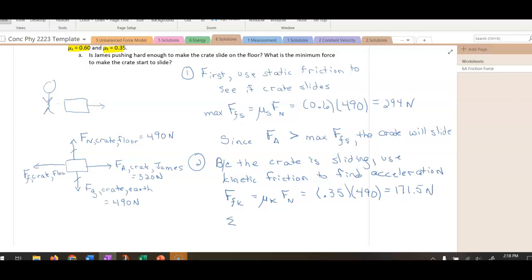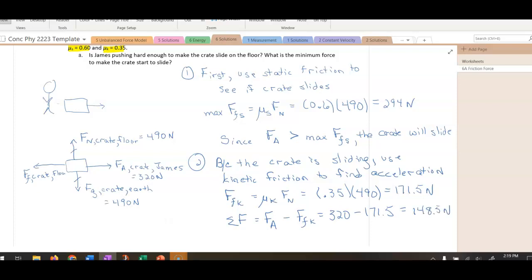I find the net force, which is the applied force minus the kinetic friction. So the net force is 148.5 newtons.